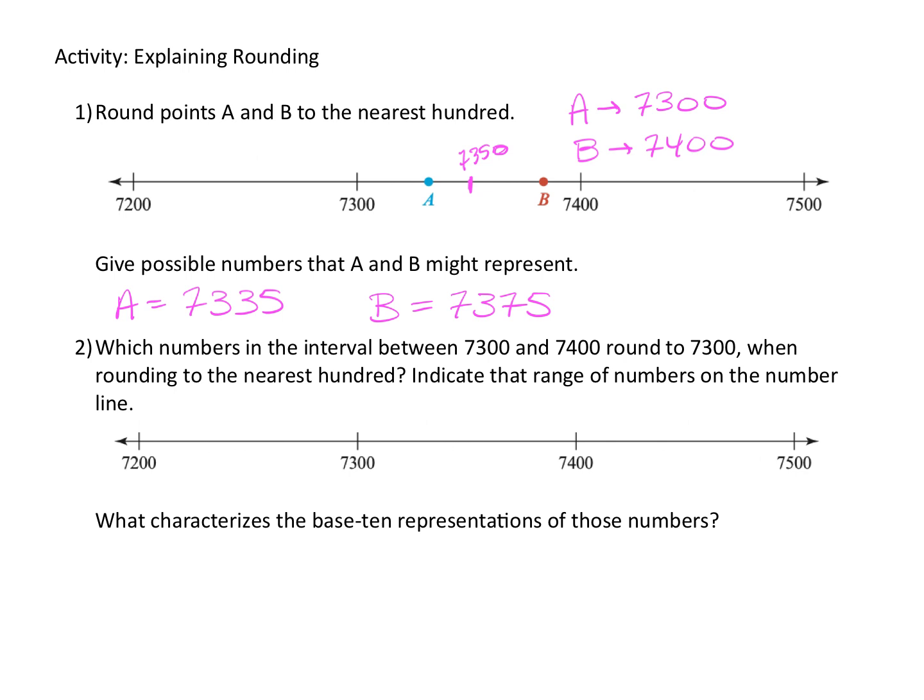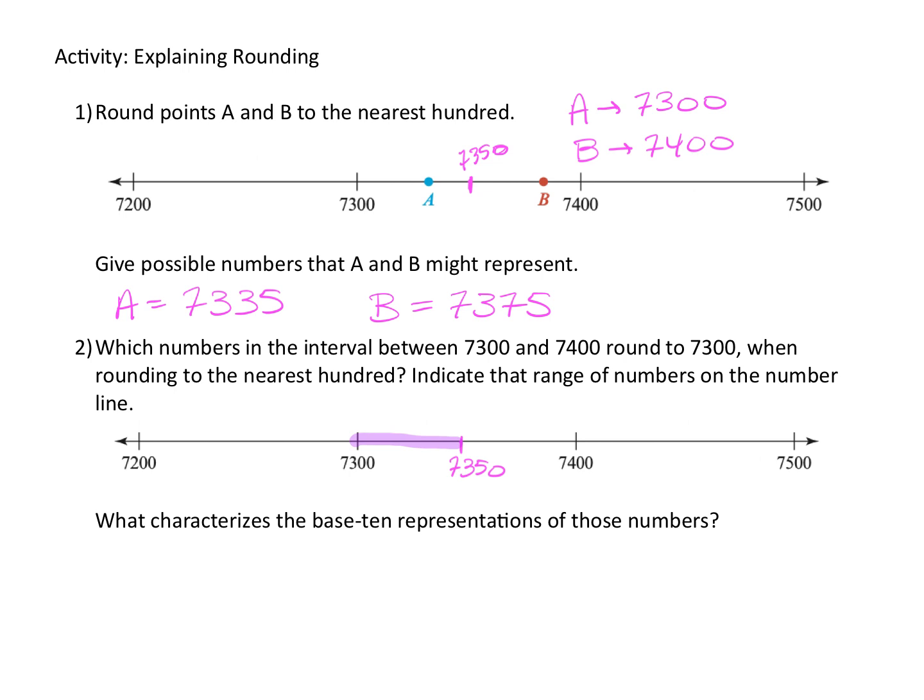Which numbers in the interval between 7,300 and 7,400 would round down to 7,300? Well, let's mark the 7,350, the halfway point. These numbers round down, not including the 7,350.